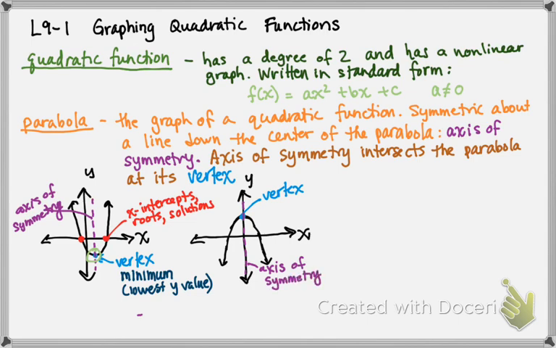Because the vertex is up at the top, it's called a maximum, because it's the most, the highest point. So it has the highest y value. Again, we do have our x-intercepts, roots, solutions.